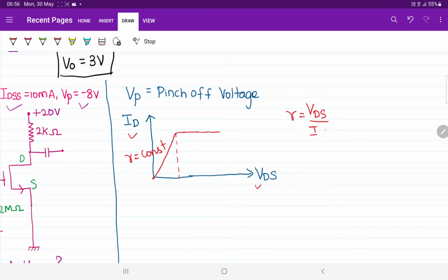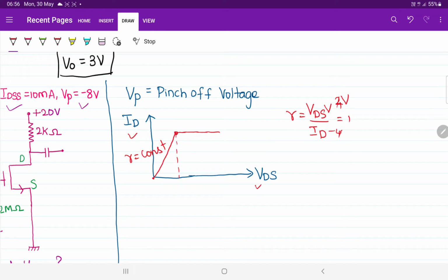But since both are linearly varying, if voltage reaches 2 volts, current will reach 2 ampere. 2 will get cancelled, remaining you will get 1 only. If voltage reaches 4 volts, current will reach 4 ampere. 4 will get cancelled, again you will get 1. So the relation between ID and VDS will be linear when you are in the linear region.